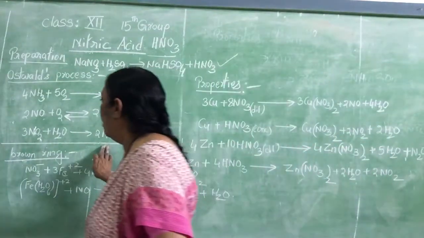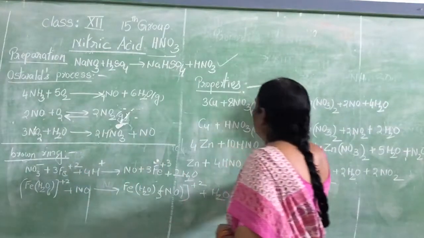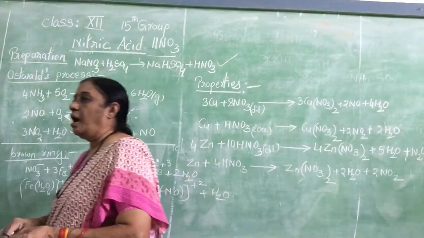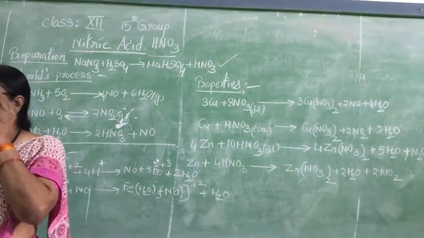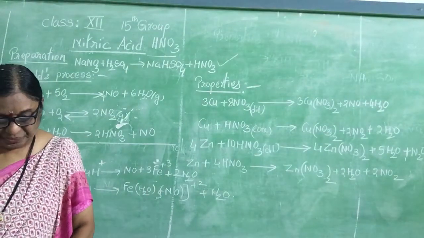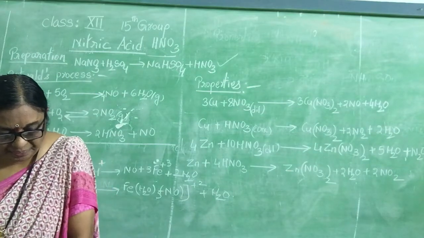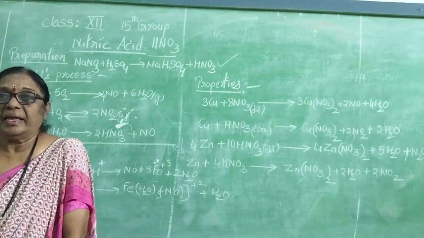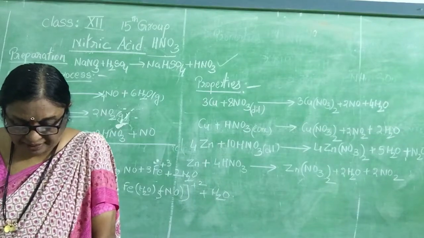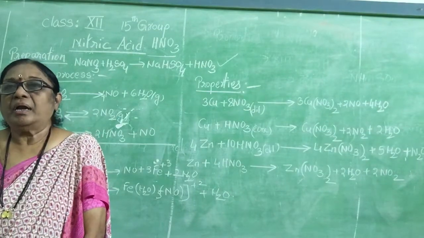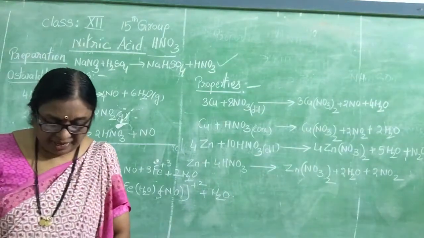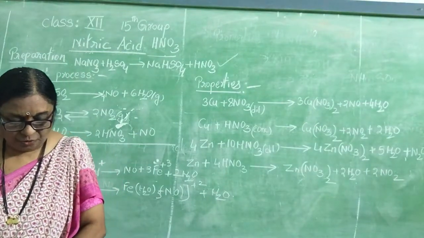Okay, children? Now next, properties of nitric acid. Nitric acid we have seen in class 11 in the laboratory. It is a colorless liquid, children. Laboratory grade nitric acid contains 68% of HNO3 by mass and has specific gravity 1.504.